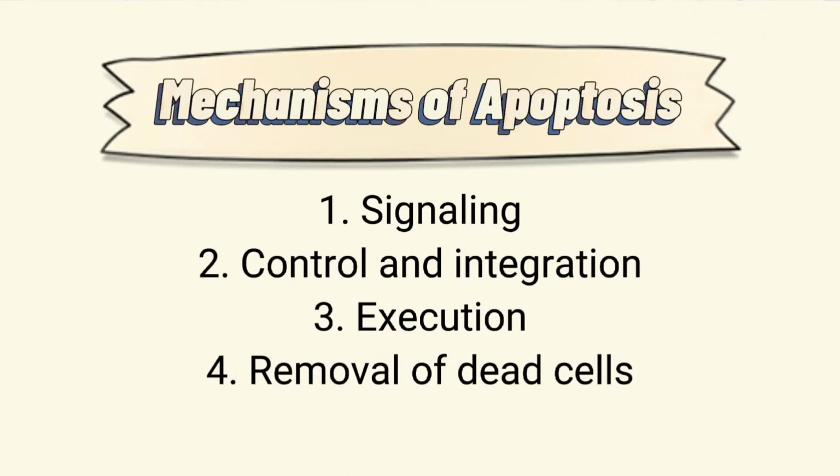For example, for cell-mediated response, it deletes infected cells using a protein called perforin. There are two broad pathways of control and integration. First is direct transmission of death signals by specific adapter proteins to execution mechanism.